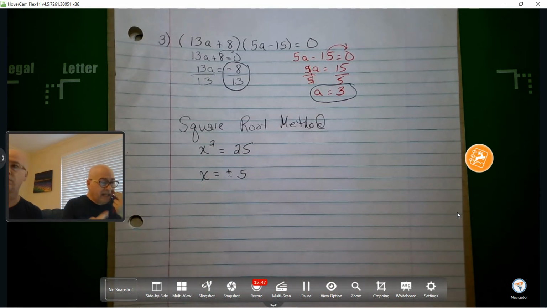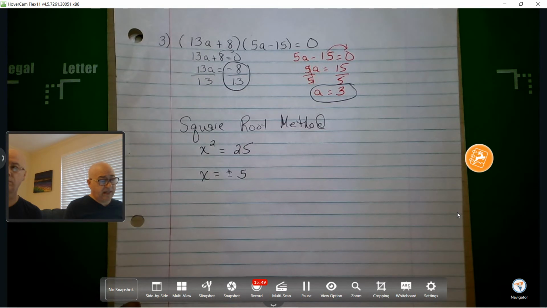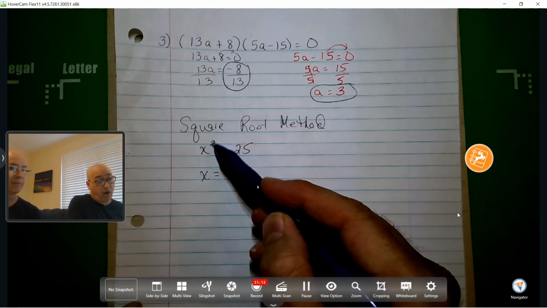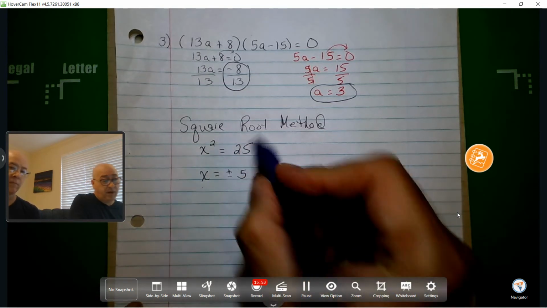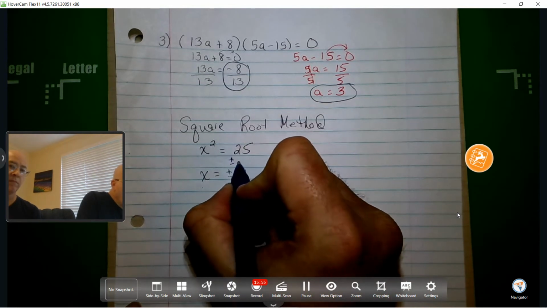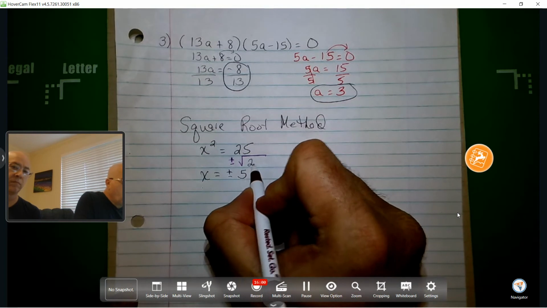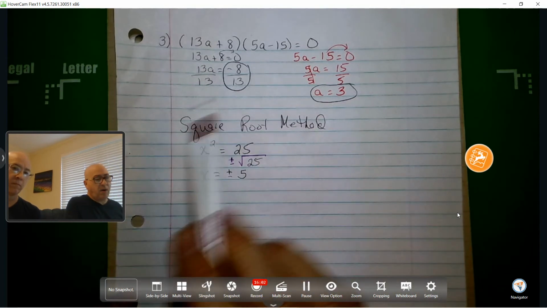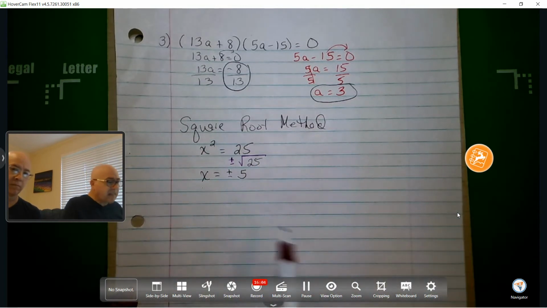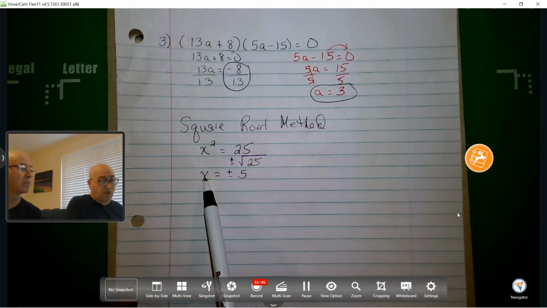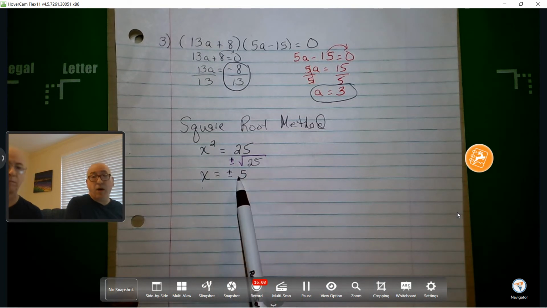So what do we do here? Well, we're taking square roots of both sides. On the left, I just say drop the square, and on the right, you're going positive, negative square root. So, theoretically, you're taking positive, negative square roots of both sides. All it does is drop the square on the left and take the positive and negative square root of the number on the right.